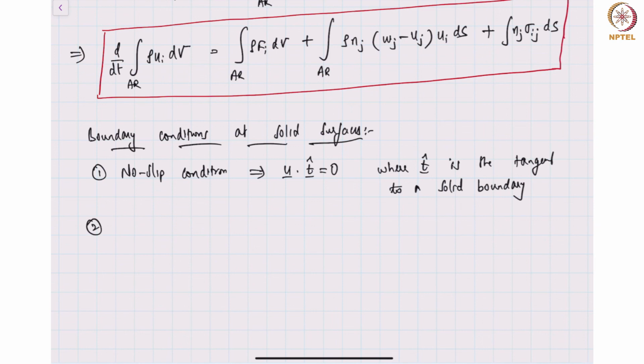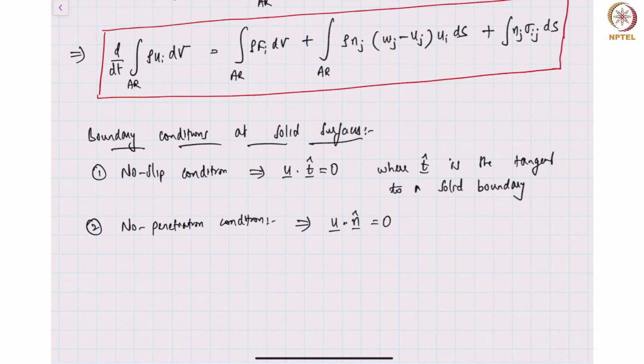And you could also have a no penetration condition. This should not be true for flow over porous media, where you could actually have a flow through the boundary. But if you have a no penetration condition, then the normal component of the velocity at the boundary would be 0.